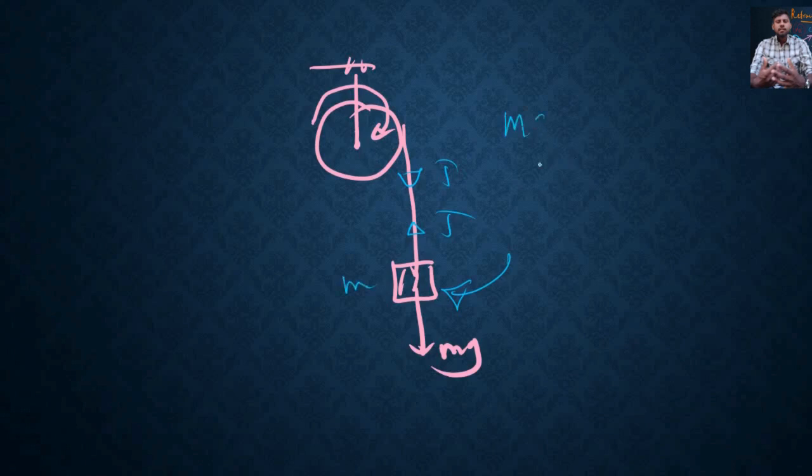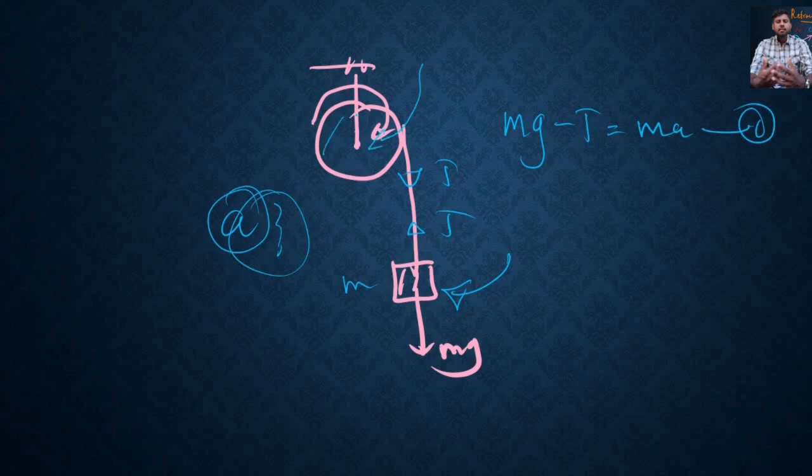So we can write mg minus T equals ma. In these type of questions, we are supposed to find the acceleration. Considering this pulley, there's a torque because of this rotation. So the tension times the radius r equals I alpha, that is half m r squared alpha.